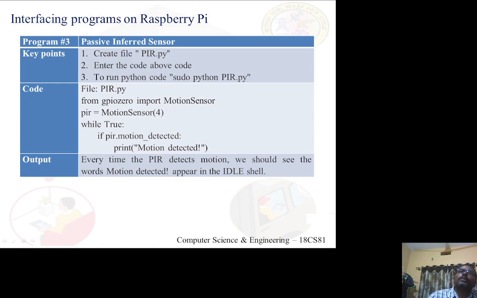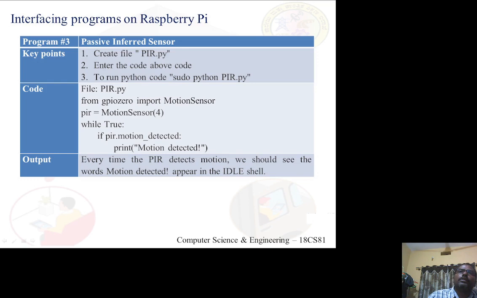So there's a method, pir.motion_detected. If this is true, if the motion is detected, the condition is true, then we can perform whatever action we need. For example, let us display the message motion detected. To display a message, we need to go for a print statement.